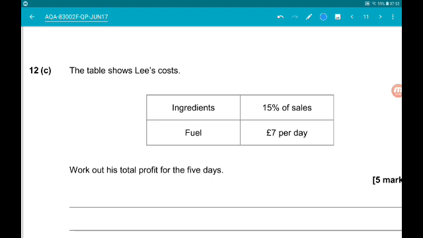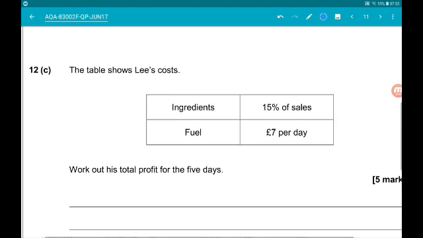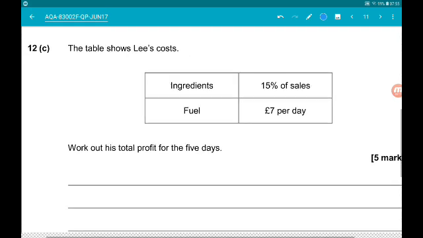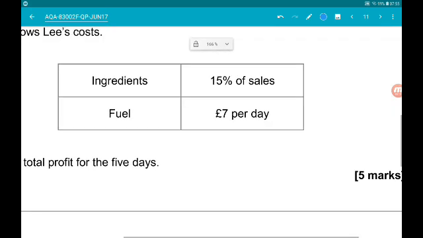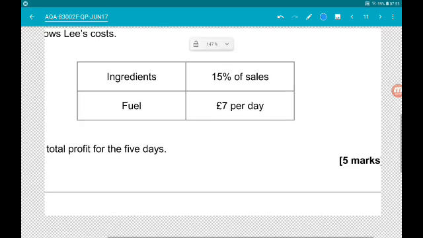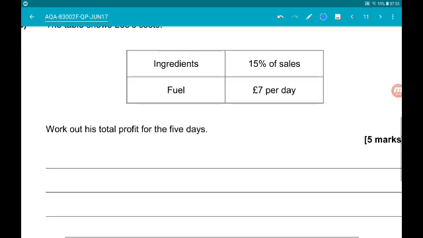Okay, then for part C, a nice 5 marker. So the table shows these costs. The ingredients cost 15% of sales, and fuel is £7 per day. We want to work out the total profit for the 5 days.